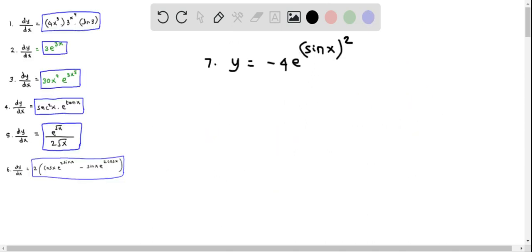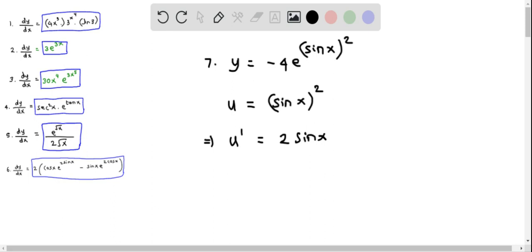Let's do question 7. Here we have y equals negative 4e raised to the power of sine x squared. So we can make the substitution u equals sine x quantity squared, and this implies we can find its derivative, that is u prime, the derivative of u with respect to x. First we apply the power rule of differentiation, which means we put the 2 in front, and then sine x raised to the power of 1, which is sine x.